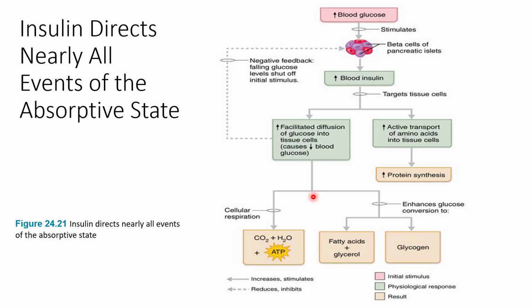The glucose now is going to be converted into ATP through cellular respiration, or converted into fatty acid and glycerol. Pretty much, glucose is actually the one that enhances the conversion of triglycerides into fatty acid and glycerol, and of course the formation of glycogen.